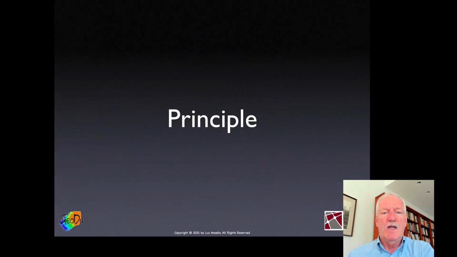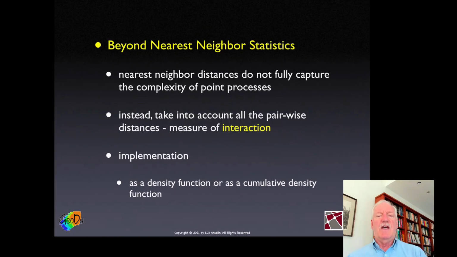extensions. The principle is that the nearest neighbor distance only captures a partial aspect of the point pattern and not the full complexity. Specifically, it does not take into account interaction.